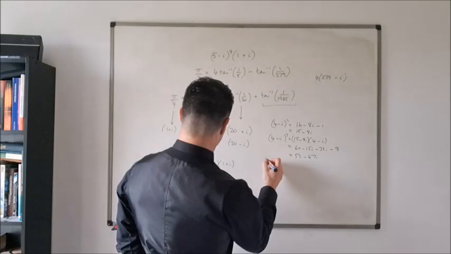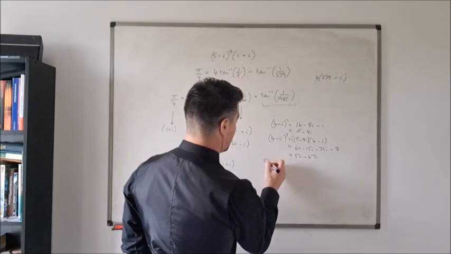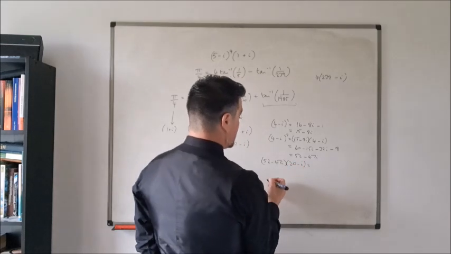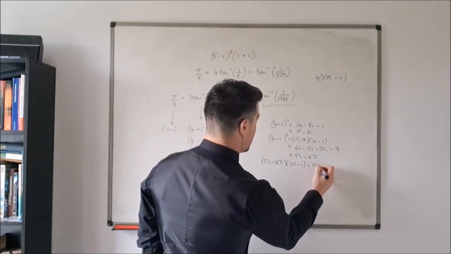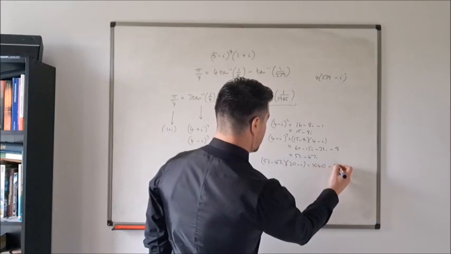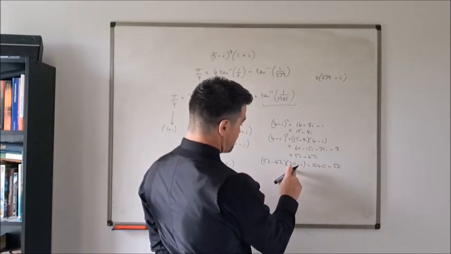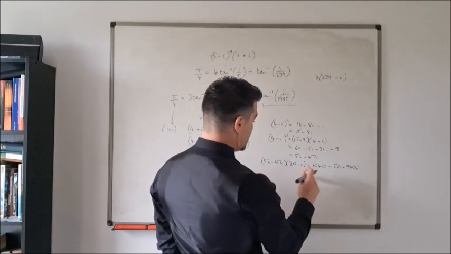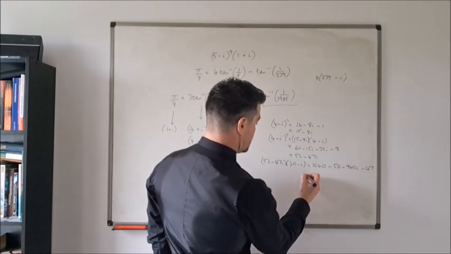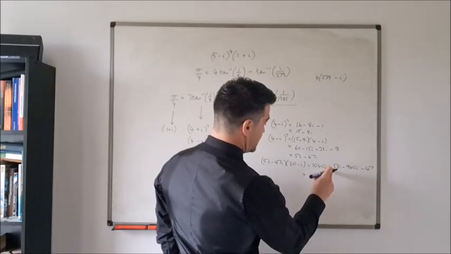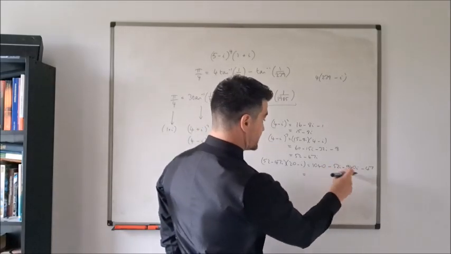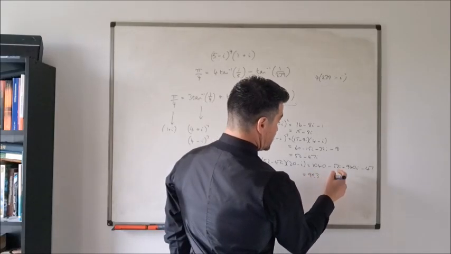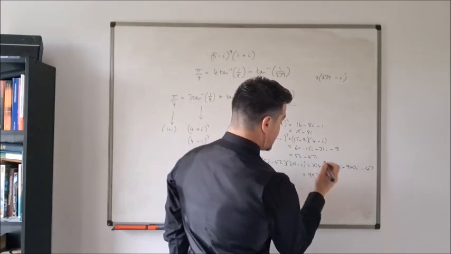So then we need to multiply that by 20 minus i. 52 times 20 is 1040, minus 52i, minus 940i, minus 47, which is 1040 minus 47, going to be 993 minus 992i.